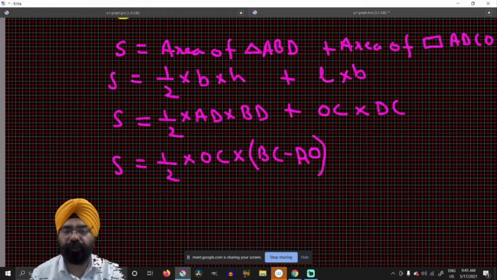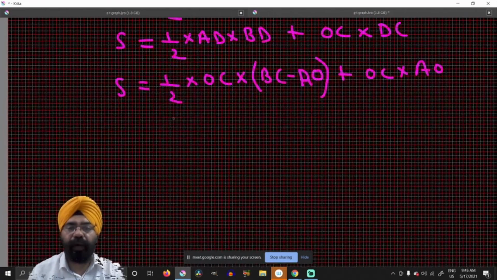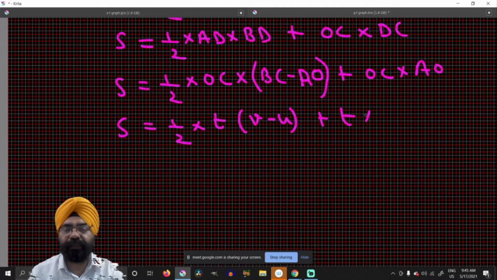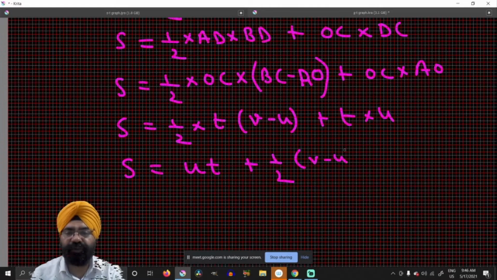This becomes OC into AO. So now it becomes S is equal to half, this is T, this is V minus U, and this is T, and this is U. So we get S is equal to UT plus half V minus U into T.